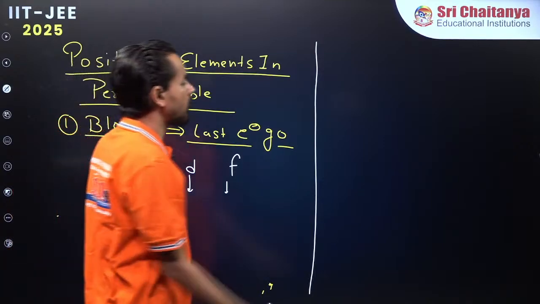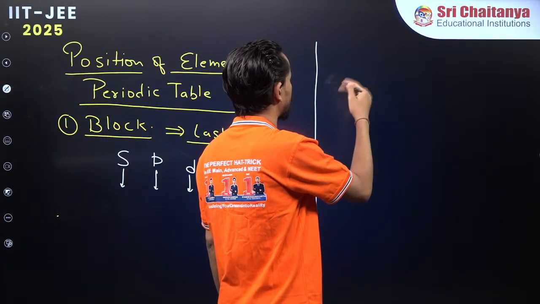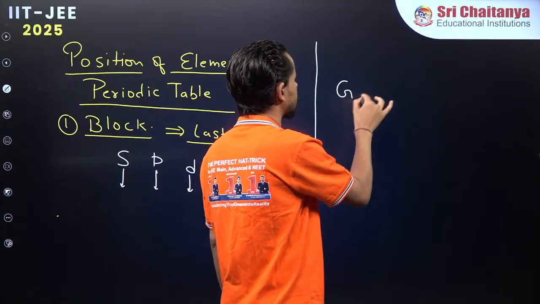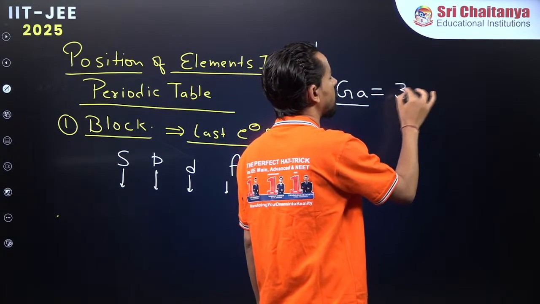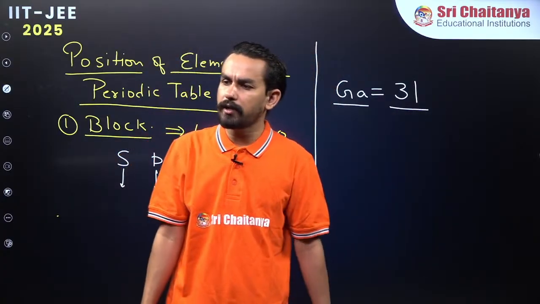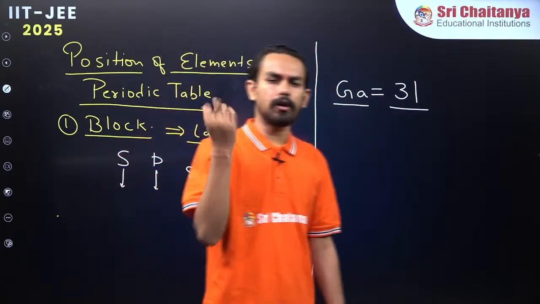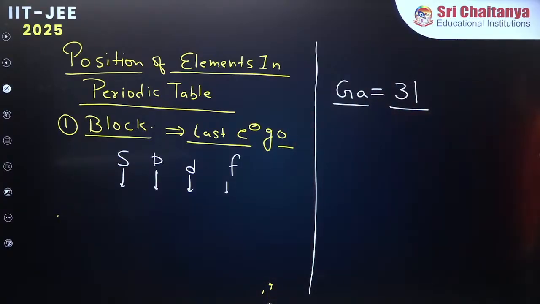Let us think about an example. Let us say I am taking gallium. Gallium is 31. Can anybody tell me what is the electronic configuration of gallium 31? Write the electronic configuration of gallium 31 first in the comment box.